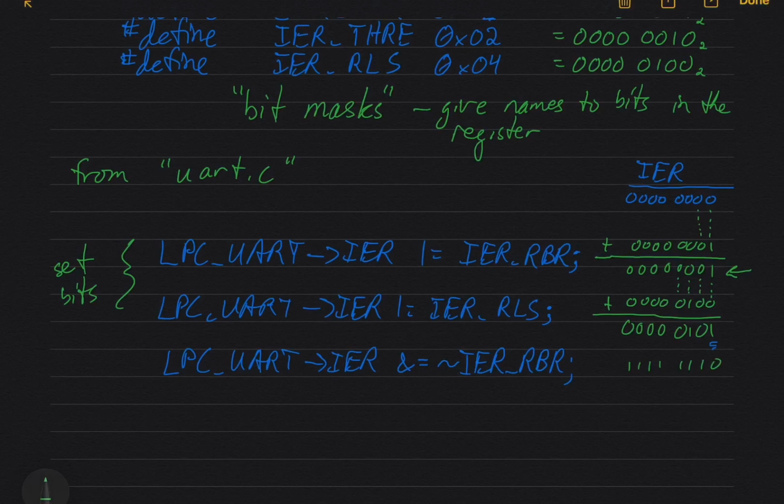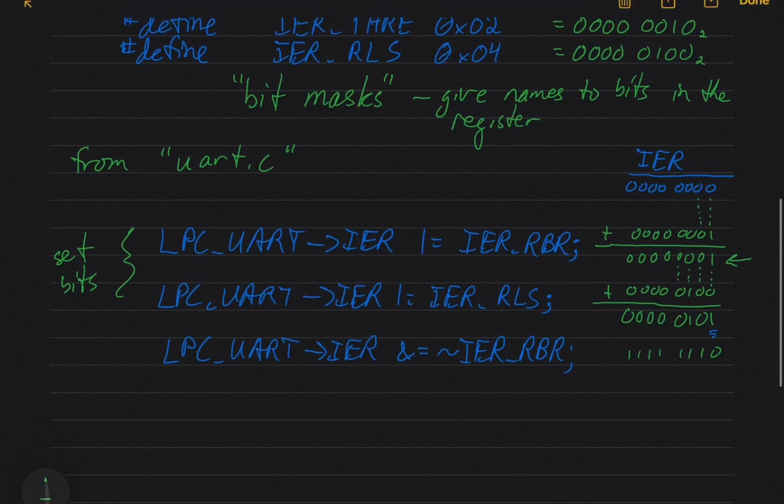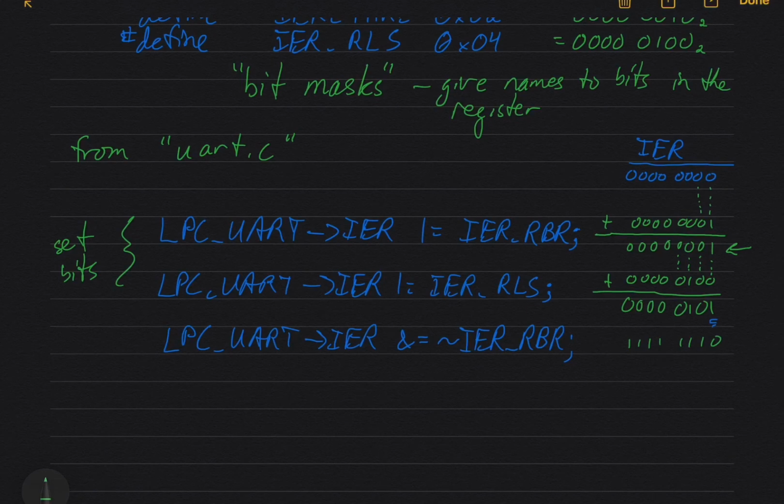Up above, if we look right at the top here, that's what it was: 0, 0, 0, 0, 0, 0, 0, 1, complement it, and then we're going to AND it. I'll use the asterisk for the AND operation.